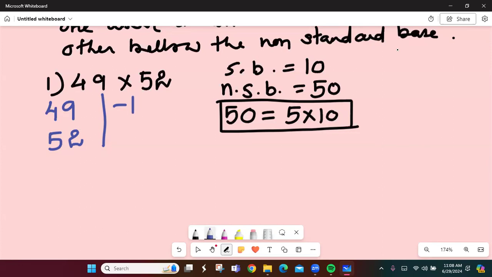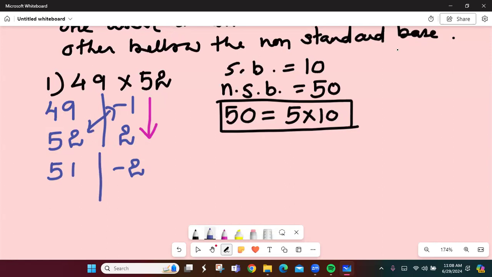And 50 plus 2 is 52, so I'll write 2 here. In the next step, I'll multiply these two numbers. So negative 1 into 2 is negative 2. And if I cross add 52 with negative 1 or 49 with 2, both will give me 51.